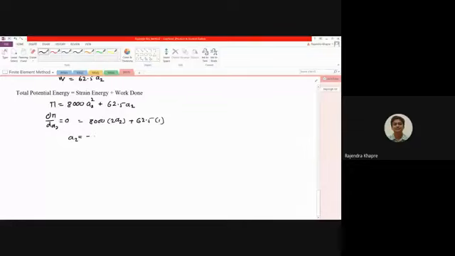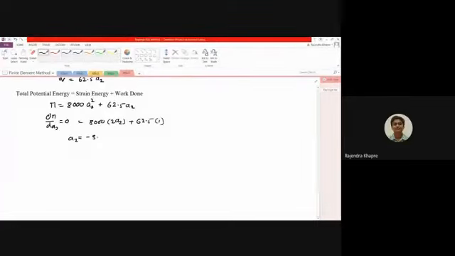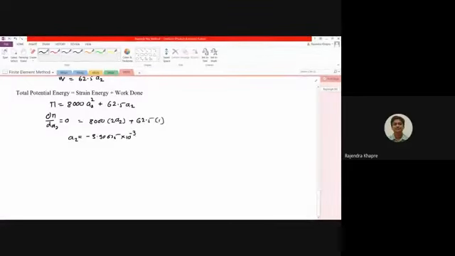Somebody do the calculations please. So minus 3.90625 into 10 raised to power minus 3. So this will be the value of unknown constant A2.